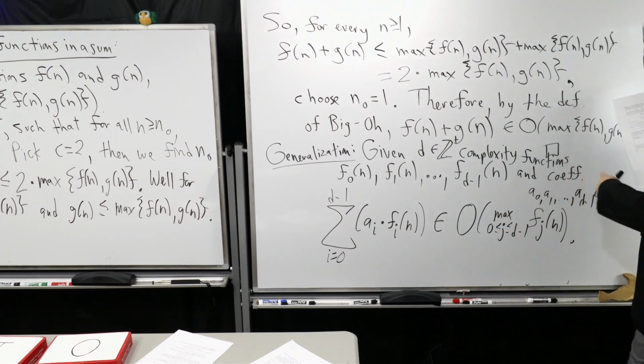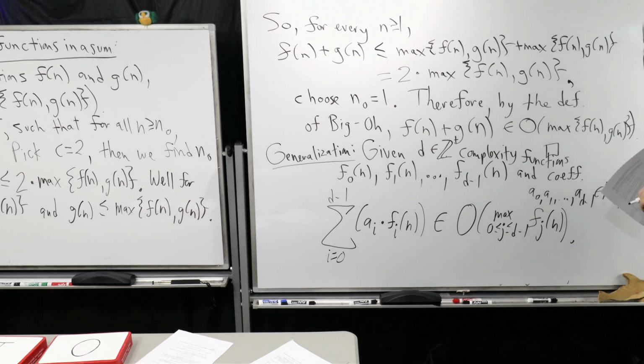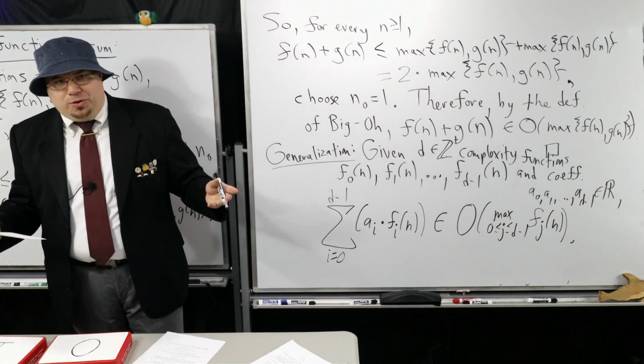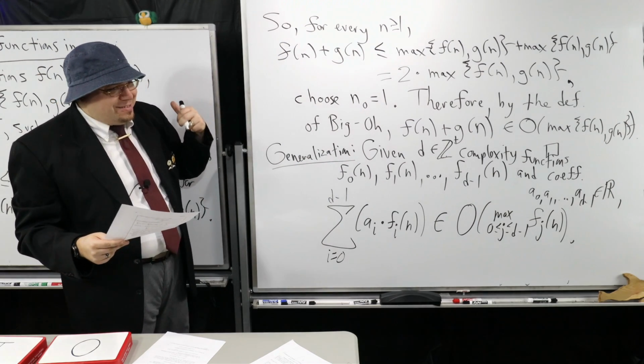So this is a generalization of the max rule over here. So if you make all the coefficients just 1, you'll see very quickly that it's the same idea we had over here, just when d is equal to 2, right?